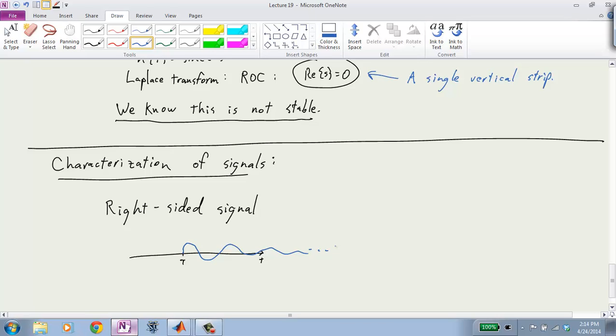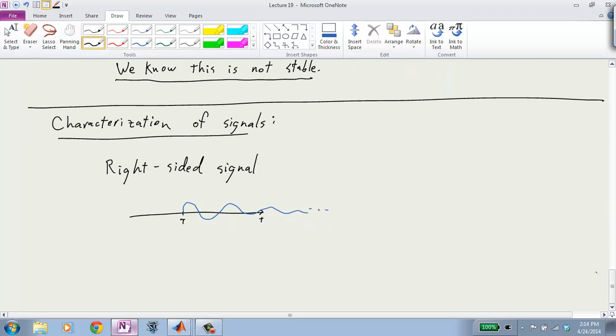right-sided, okay? But actually, mathematically, to be right-sided, the important feature is not that it actually goes on forever to the right. That's sort of implied by saying that, but that's not required. What's required is that it doesn't go on to the left. All right? So mathematically, we say it's right-sided if there exists a t such that x of t equals 0 for all t less than that value.